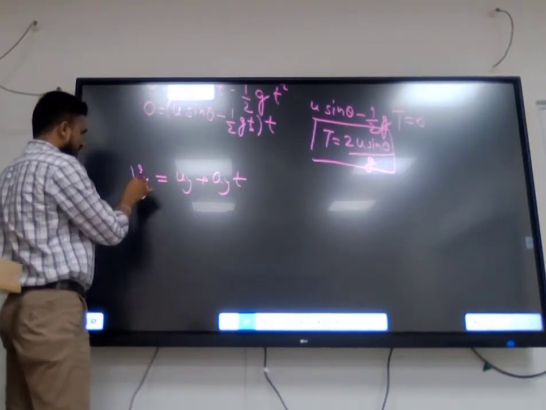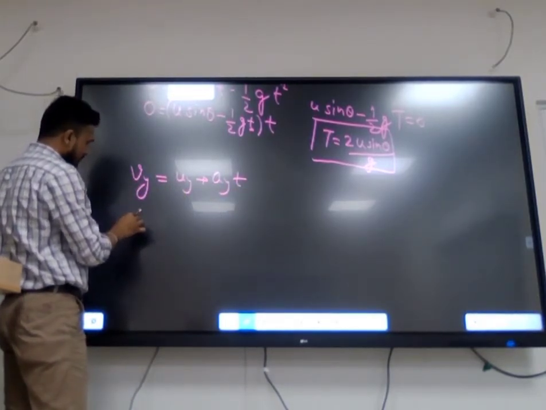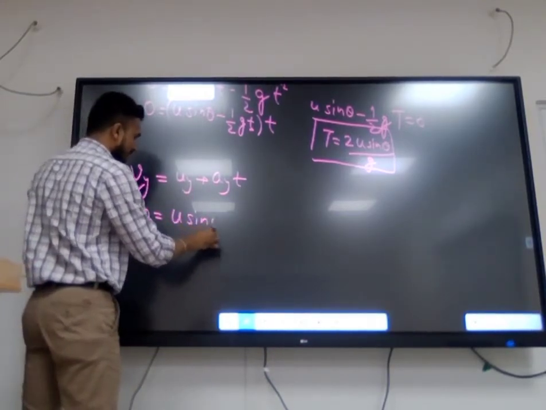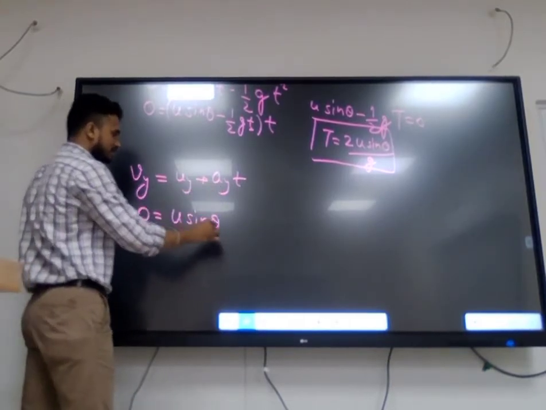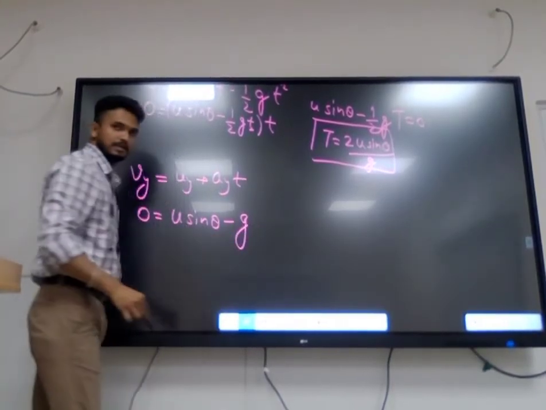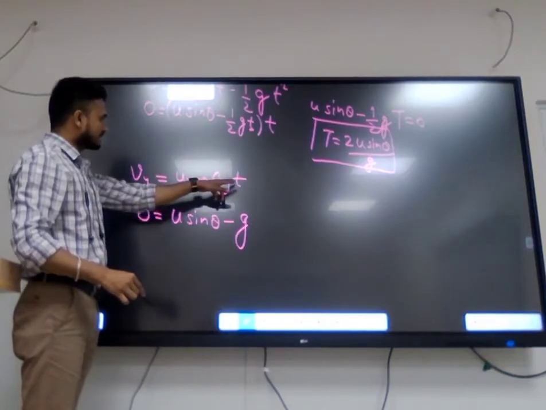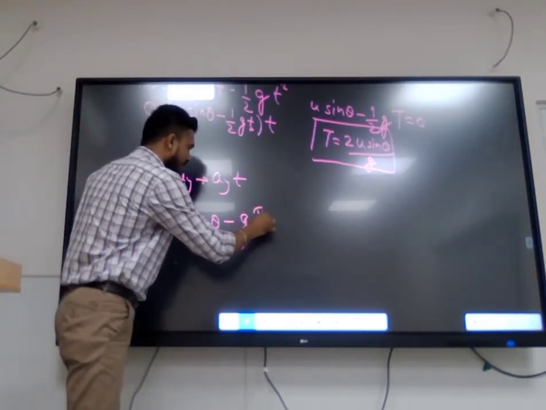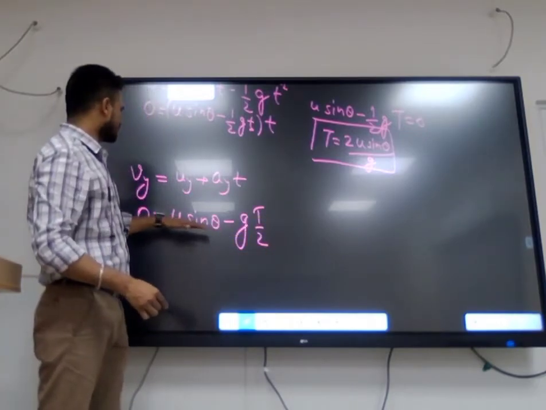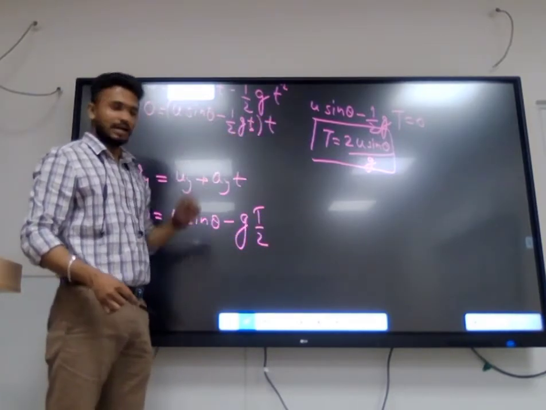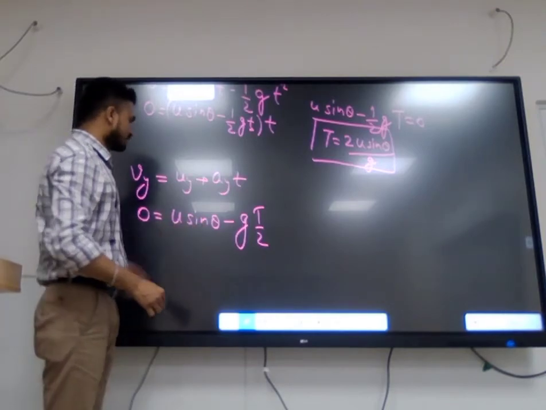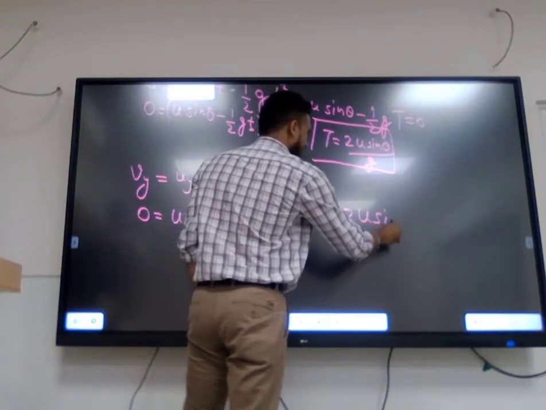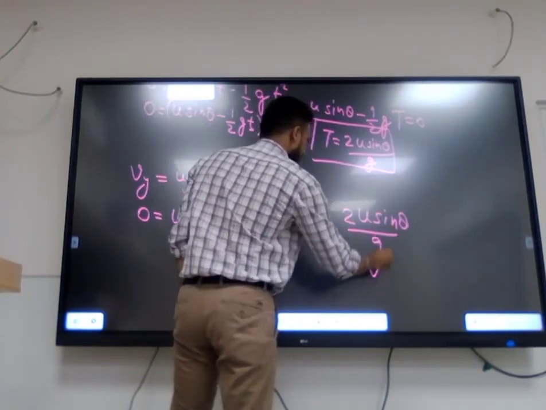We know that vy is 0, the value of uy is u sin theta, the acceleration is minus g, and this t corresponds to half of the time of flight, so I can write t by 2. Isn't this equation similar to the previous one? If you arrange it, you will get time of flight equals 2u sin theta by g.